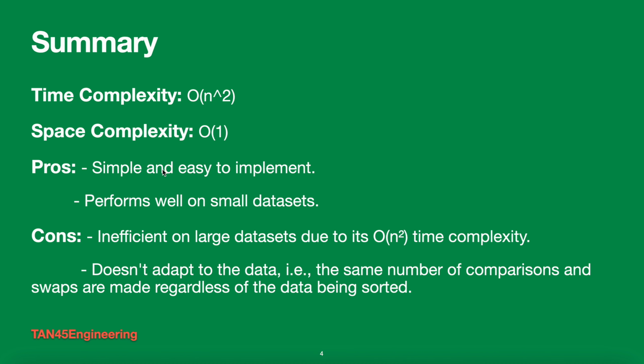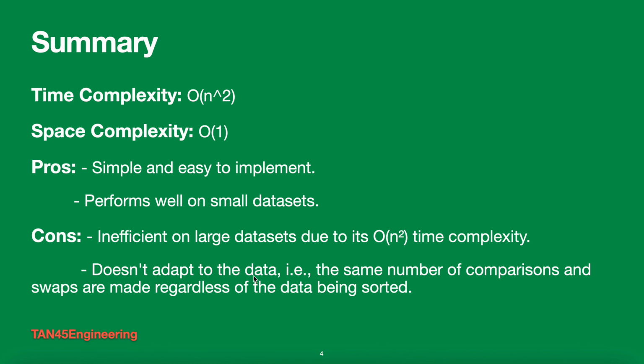So pros, it is very simple and easy to implement, plus it performs well on small data sets. Cons, it is quite inefficient for large data sets due to its O of n square time complexity, since we already have sorting algorithms that can sort an array in a better time complexity. So in large data sets, the time complexity would be an issue.